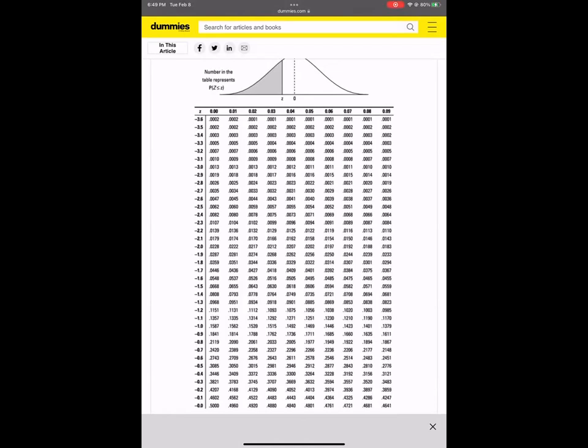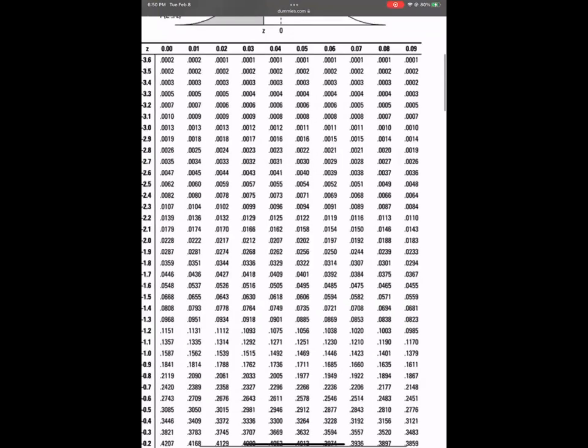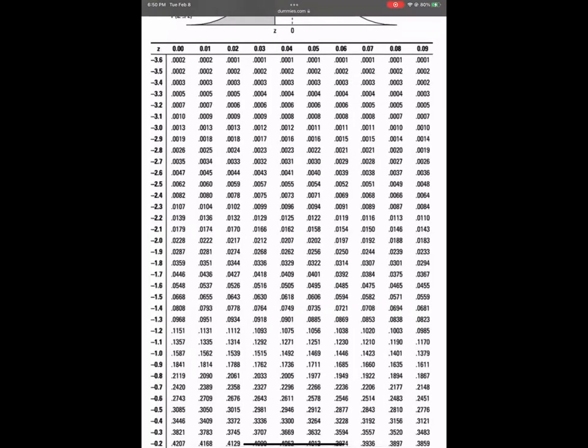How would I calculate with the table the probability that a data point taken from this distribution would be less than or equal to negative 1.63? Is it 0.0516? Yes, and can you tell me how you got that? Go to 1.6, and then the hundredth would be 0.03.